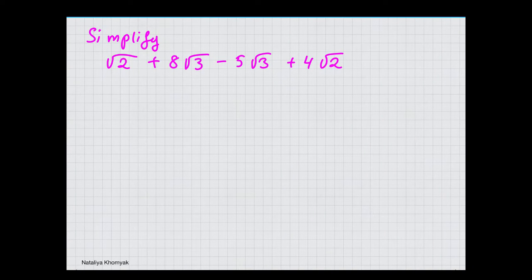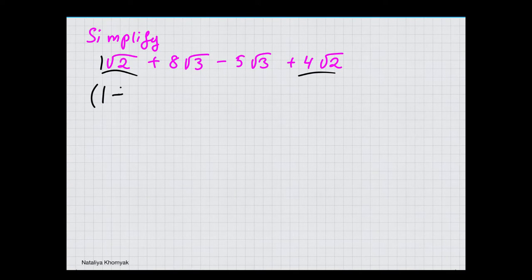Here we have to simplify square root of 2 plus 8 radicals of 3 minus 5 radicals of 3 plus 4 radicals of 2. So we have two sets of like terms. We have square roots of 2, one of them here.